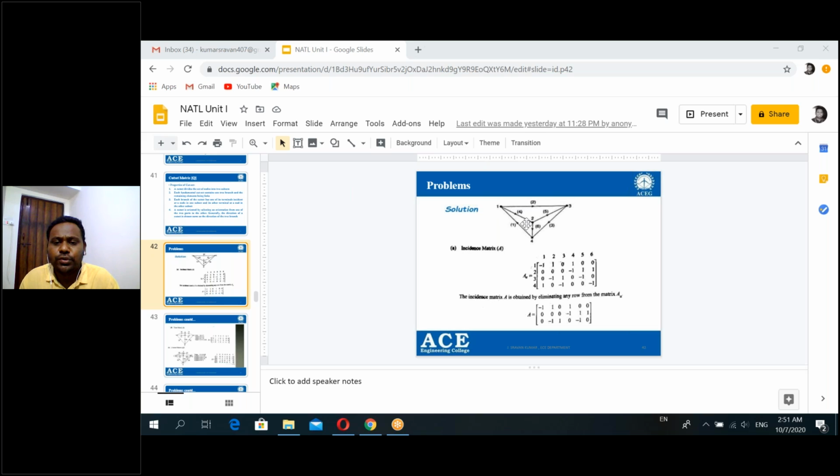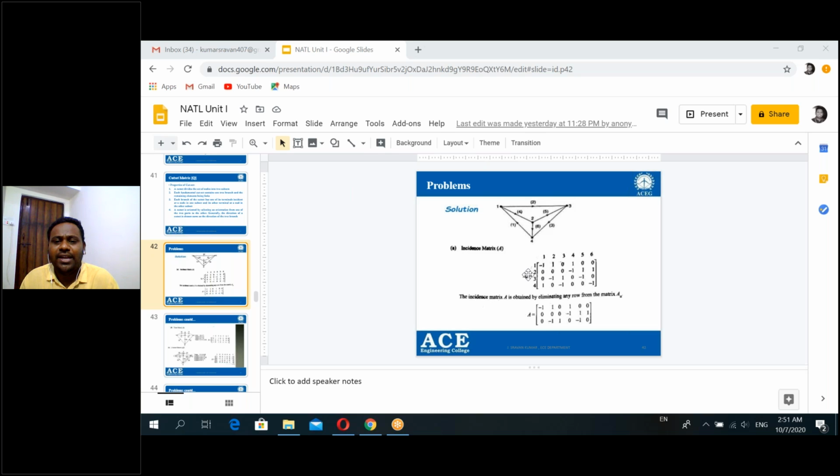Next, node 2. How many branches are connected? 4, 5, 6. Branch 4 is towards the node, that's why it is taken as -1, and 5, 6 are leaving the node, that's why we take +1. The remaining branches are 0.